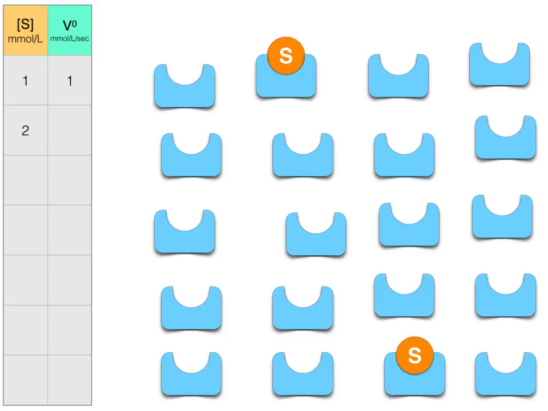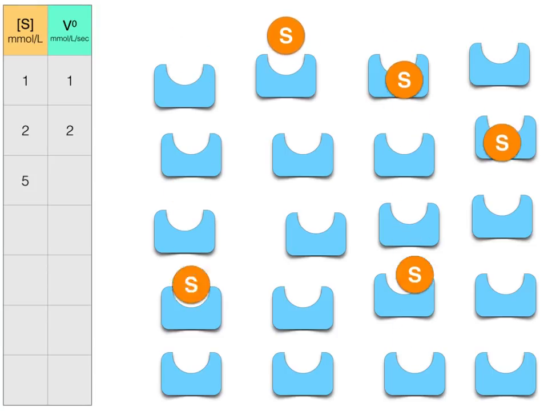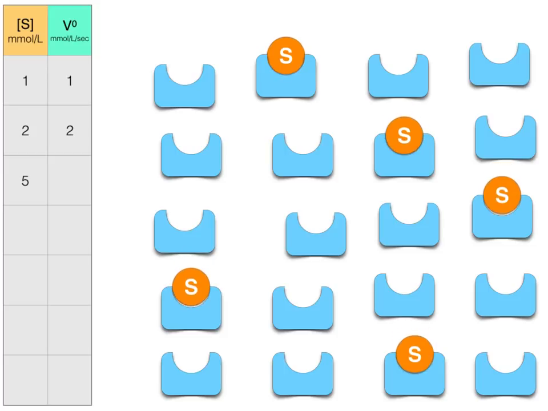After a given time, after the two substrates have been introduced, two products have been formed. So let's put it in there, 2 for the reaction velocity. And then starting again on a clean slate, let's introduce more substrate, 5 substrates. After a given time, there are 5 products formed.